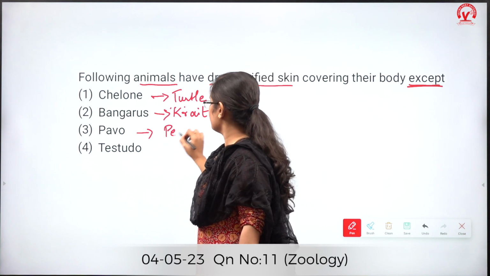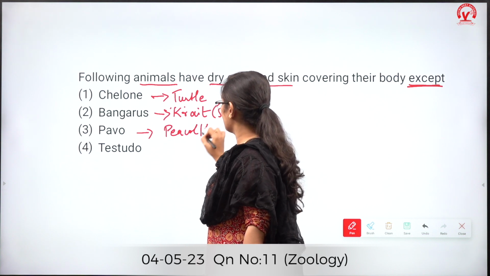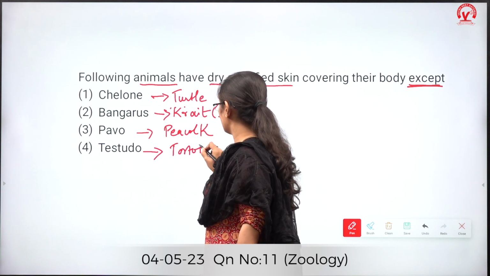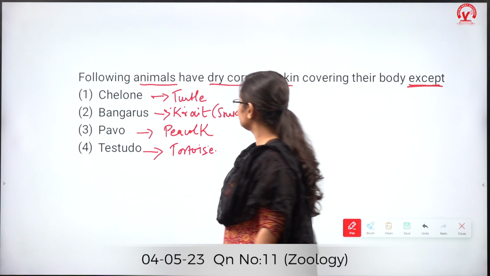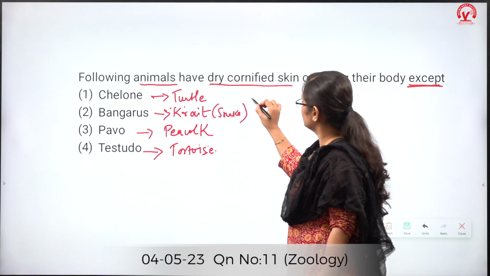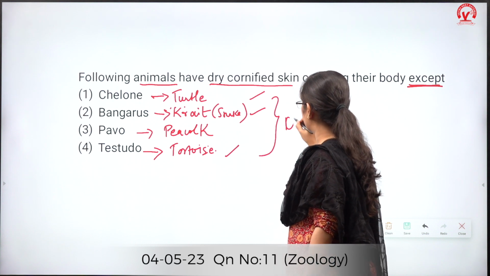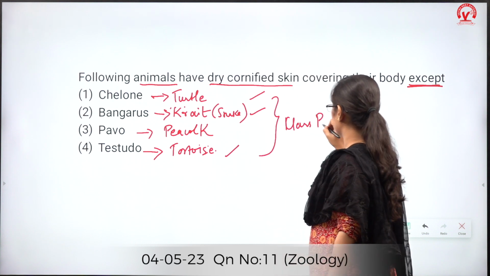Pavo is the biological name for peacock, and Testudo is the biological name for tortoise. So among these, turtle, krait and tortoise, these three belong to class Reptilia.